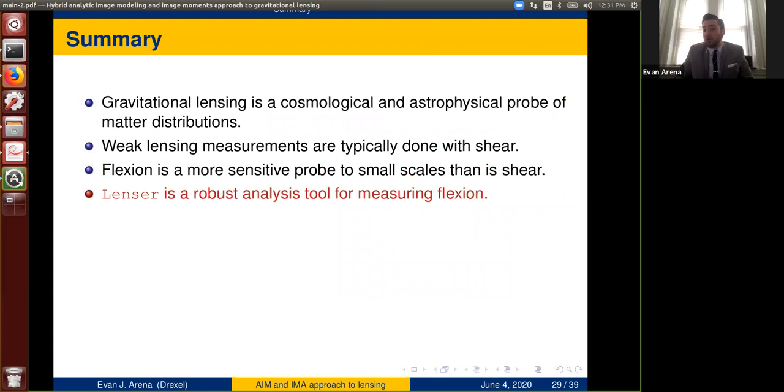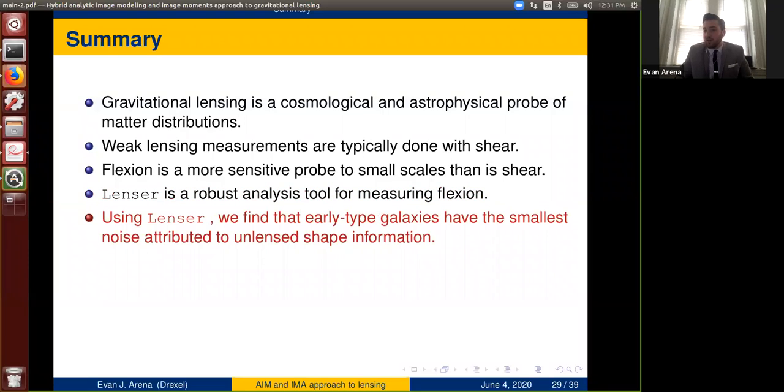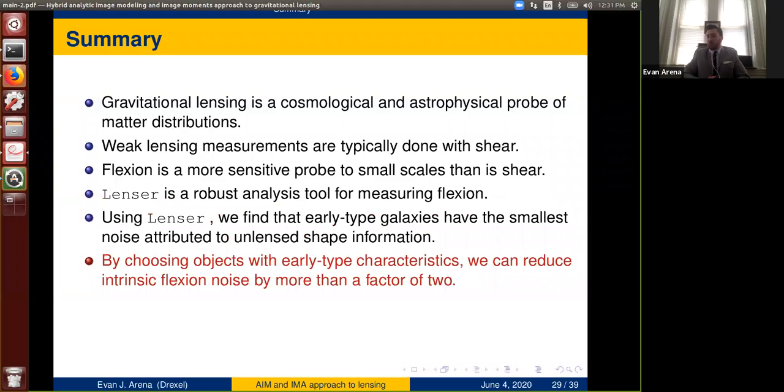I wrote a code called Lenser, which is a robust analysis tool for measuring flexion. Using Lenser, we find in Joseph's work that early type galaxies have the smallest noise attributed to unlensed shape information. And furthermore, by choosing galaxies with early type characteristics, Joseph finds that we can reduce intrinsic flexion noise by a factor of 2.